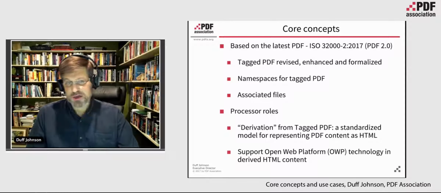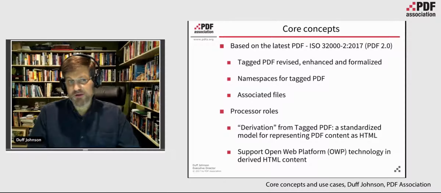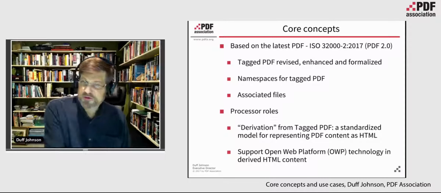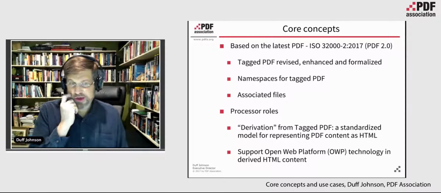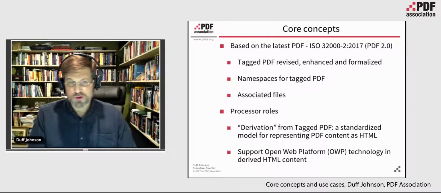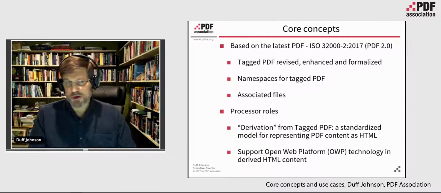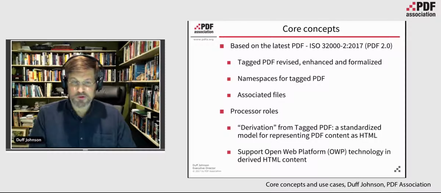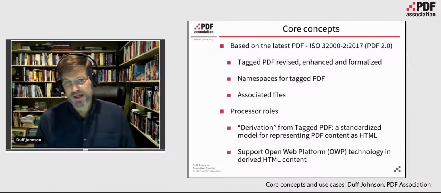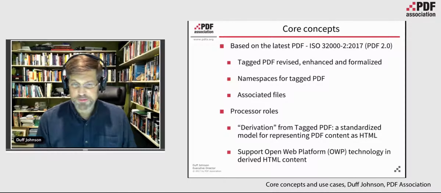And of course, I mentioned associated files, which provide a processor the ability to use other information that's actually embedded in the PDF file to provide additional resources to end users. So those are the file format aspects, which, as you can see, are basically a few additional rules for features that are standard features now of PDF 2.0. In terms of processor rules, and this is where I suppose a lot of the magic for PDF 2.0 appears.